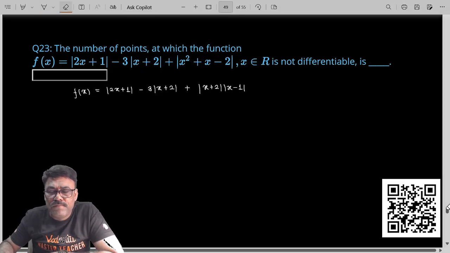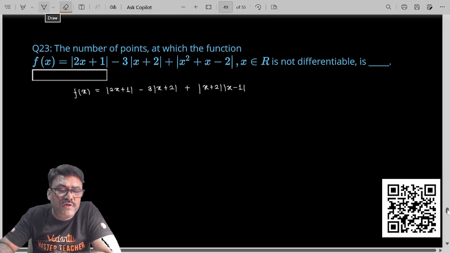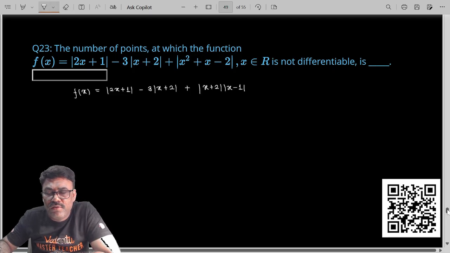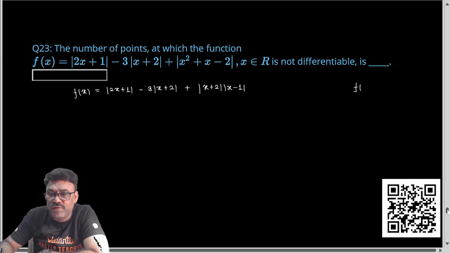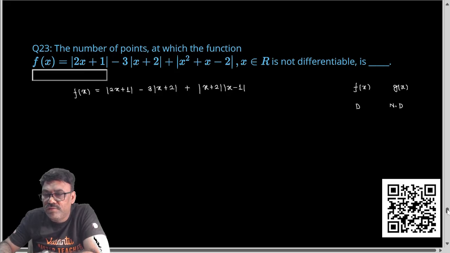Now one more thing you should keep in your mind, whenever you have the sum or difference of two functions, let's say you have two functions f(x) and g(x). If both are differentiable, then the sum and difference will be differentiable. If one of them is differentiable and the other one is non-differentiable, then the sum and difference will be non-differentiable.